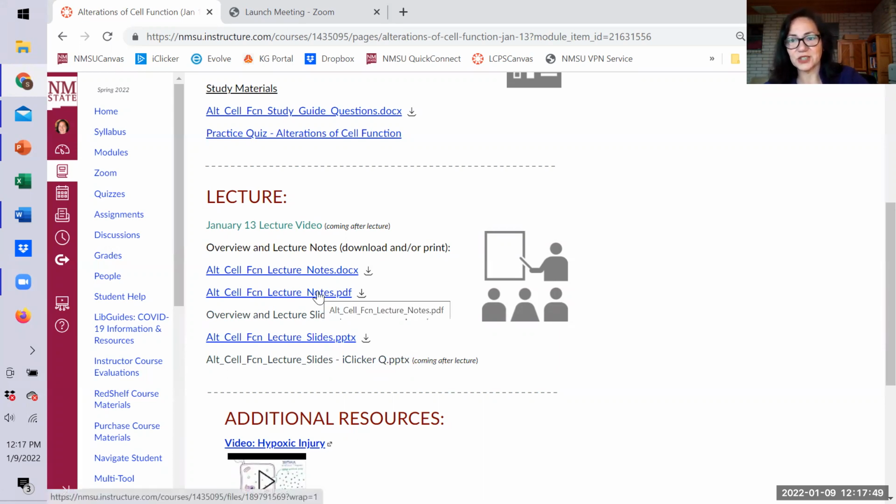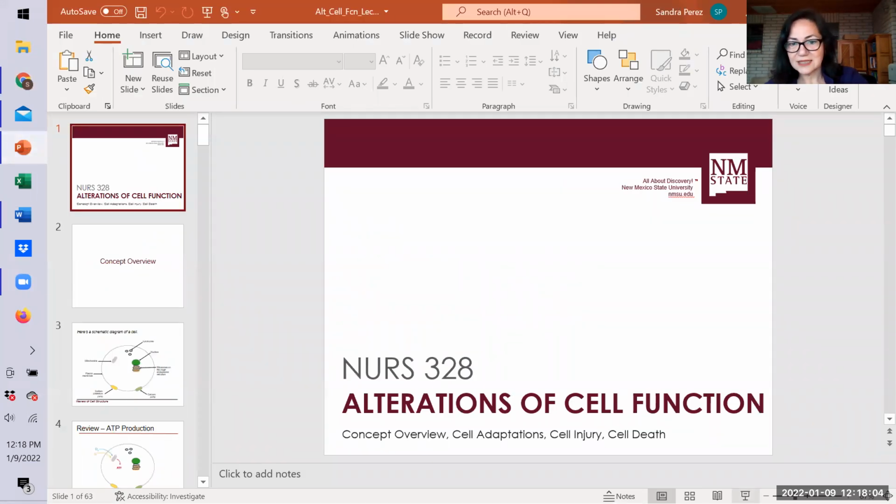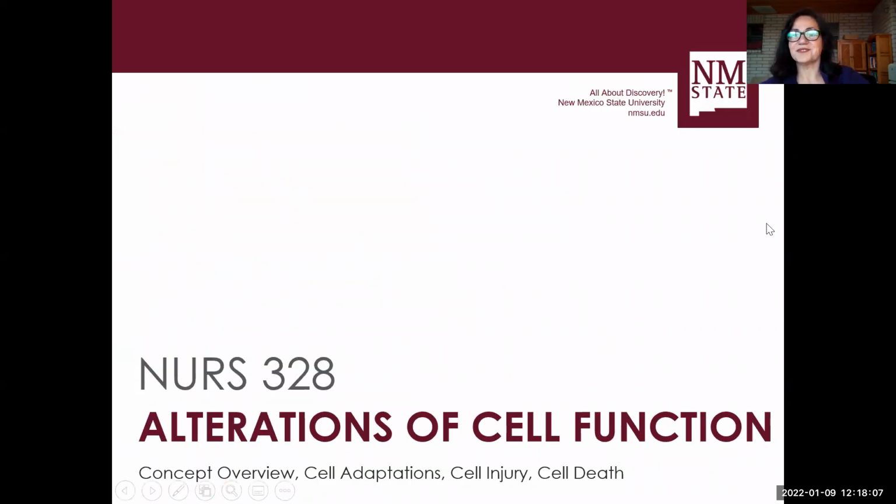So the notes are an easier way of taking notes, and we want to streamline this as much as possible for you. So PowerPoints are there, but you don't have to print them out. I'm going to use the PowerPoint to guide the lecture.